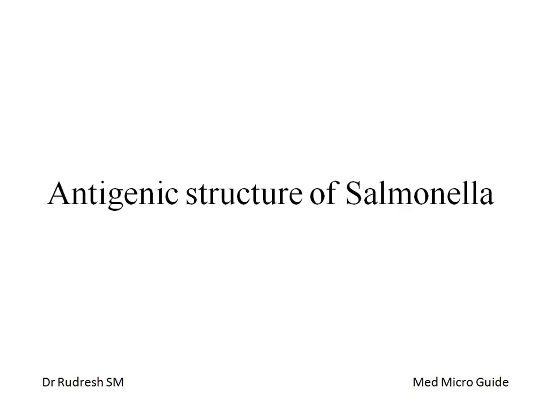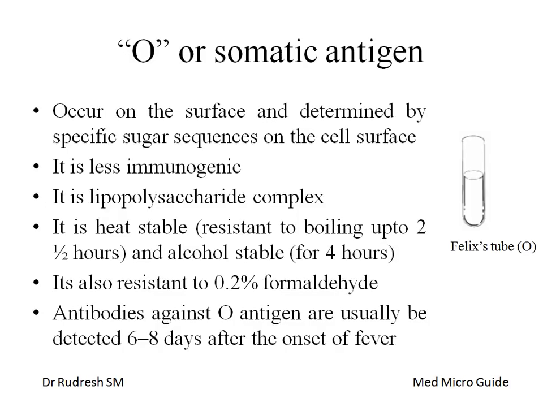Let's briefly look at the structure of Salmonella. Salmonella has two types of antigens: the O antigen, also called the somatic antigen, and the H antigen, known as the flagellar antigen. The O antigen occurs on the surface and is made up of specific sugar sequences. It is usually less immunogenic and is a lipopolysaccharide complex.